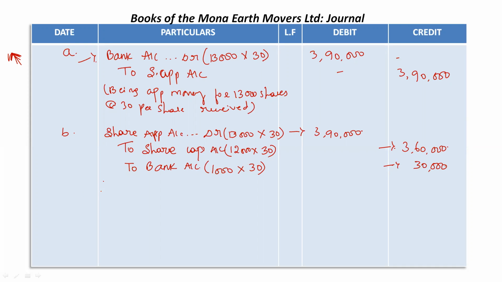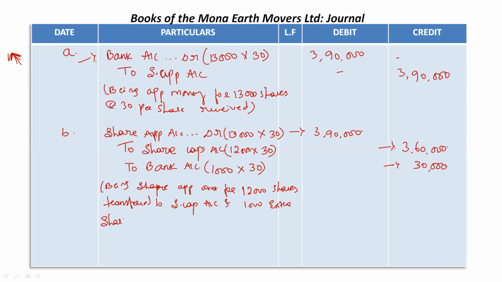Okay, we can write the narration being share application money, or share application amount for 12,000 shares transferred to share capital account, and 1,000 extra share applications are rejected.